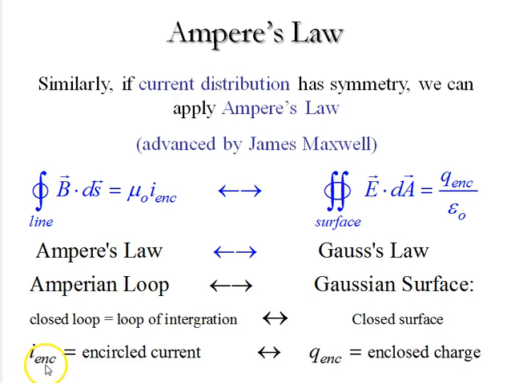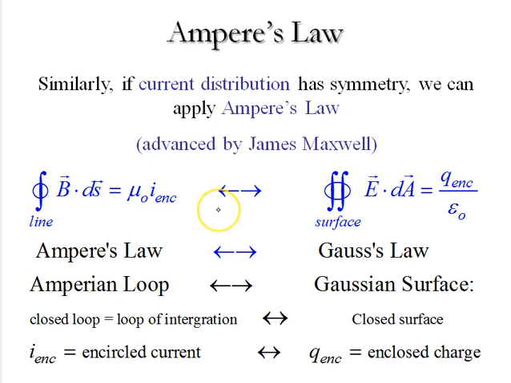We use the same subscript ENC. ENC means the current encircled. ENC in Gauss's law meant the charge enclosed. We know that charge can be both positive and negative, and that falls out of our Gauss's law. However, current can flow in one direction or the other. It can be positive or negative depending upon the direction of flow.